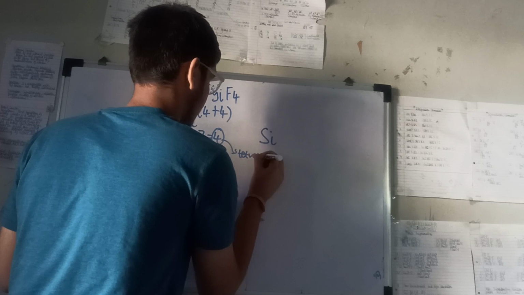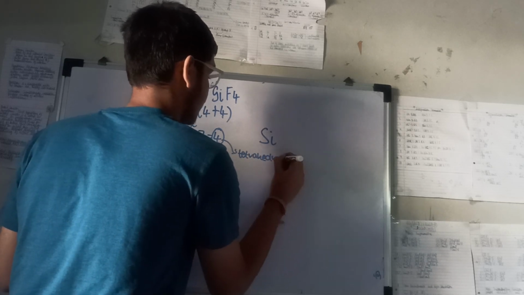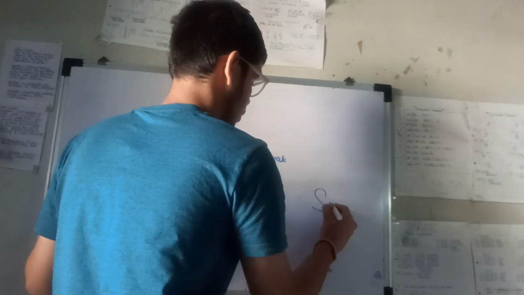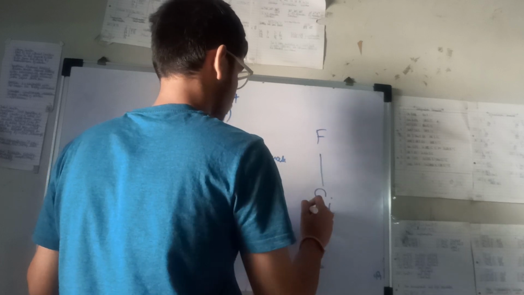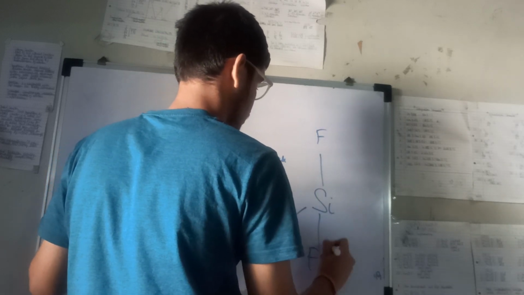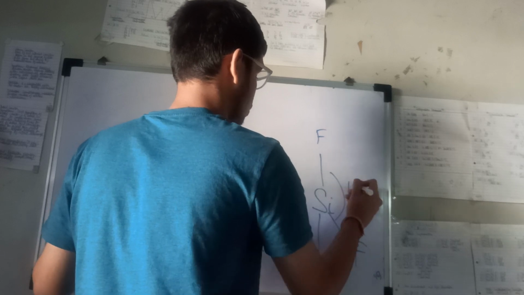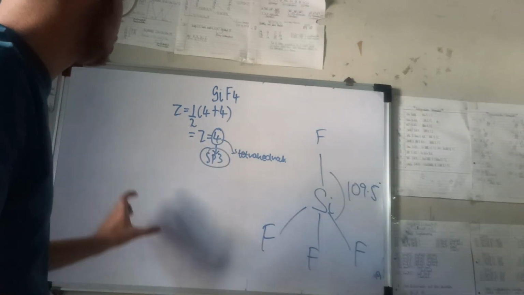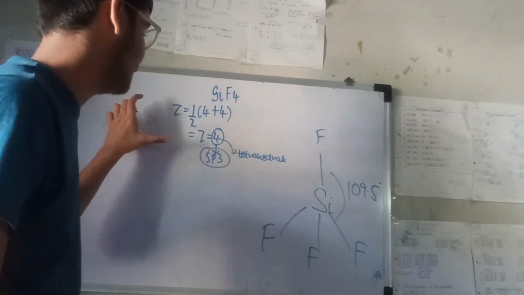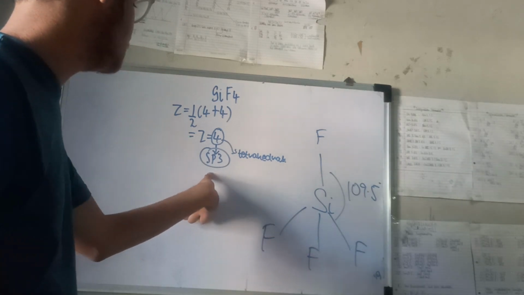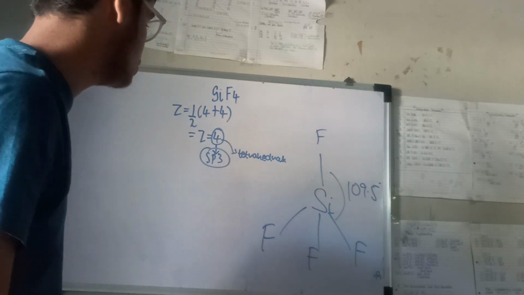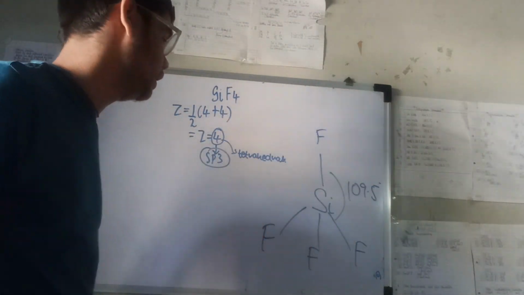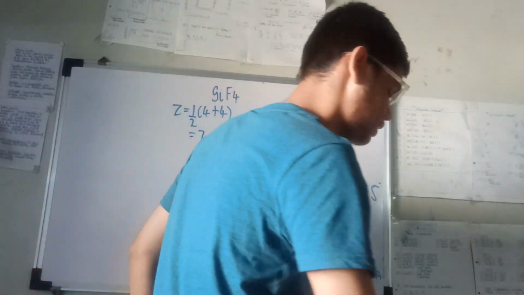So here geometry is equal to shape, I can say. लोन पेयर नहीं आ रहा है तो ज्योमेट्री इज इक्वल्स टू शेप. अभी स्ट्रक्चर देखो, स्ट्रक्चर आई एम ड्राइंग बिग. Yes, this angle is generally 109.5. So this was the first example, SiF4. For Z calculate करो, hybridization दिखाओ sp3, और तुम्हें मालूम है Z is equal to 4 के लिए टेट्राहेड्रल रहता है. स्ट्रक्चर बनाओ, एंगल मालूम है तो लिखो, नहीं तो यू कैन लीव इट एज इट इज.